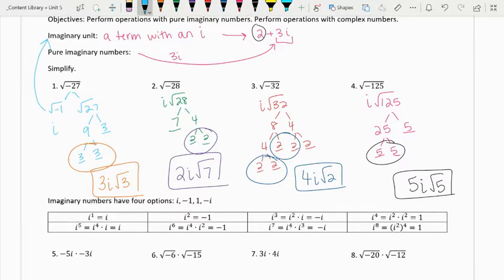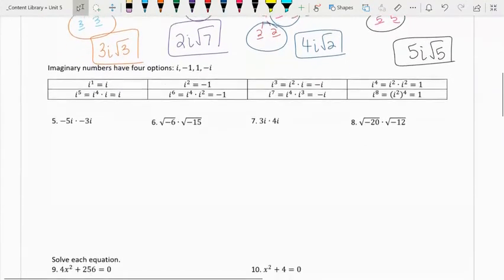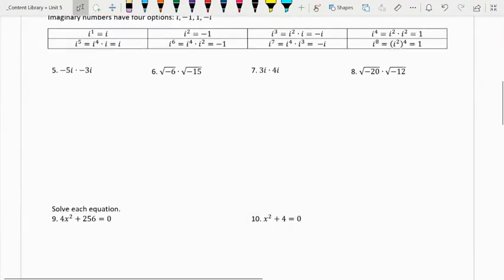Now, because I is represented as the square root of -1, you can take it a little further to figure out what I squared, I to the third, I to the fourth, and so on are. Really, you don't have to memorize any of these except for the first two. I is just I, right? It is the square root of -1.